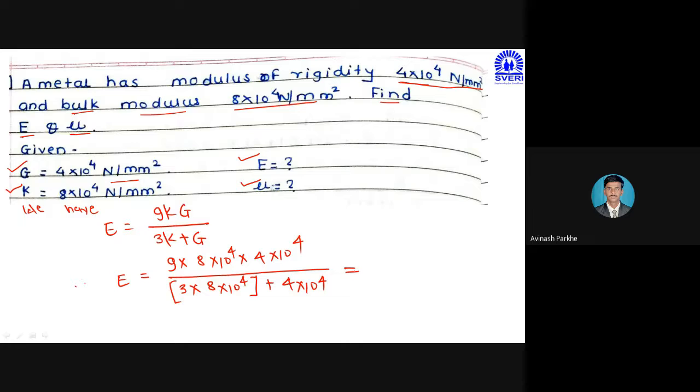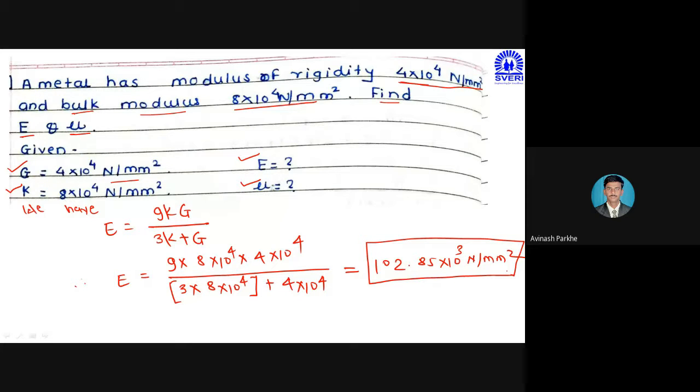Young's modulus is equal to 102.85 into 10 raised to 3 Newton per mm square.